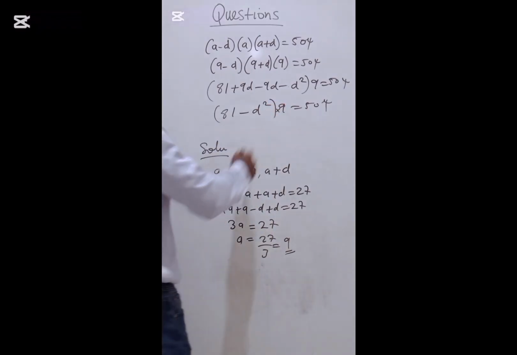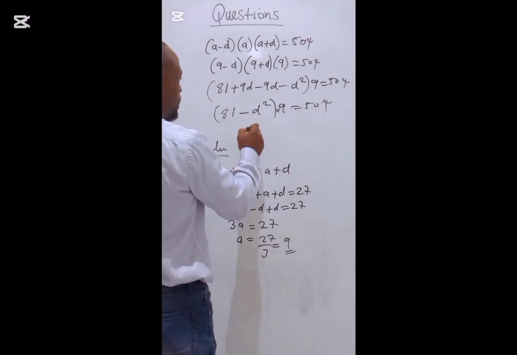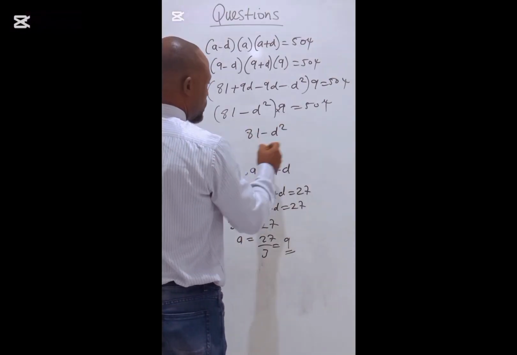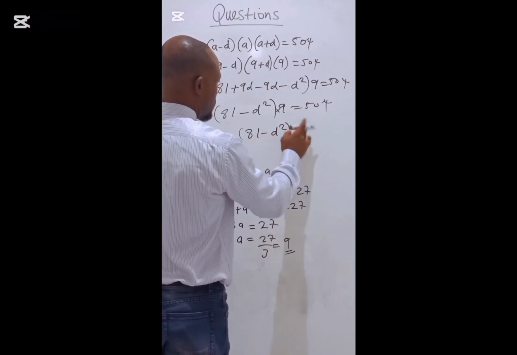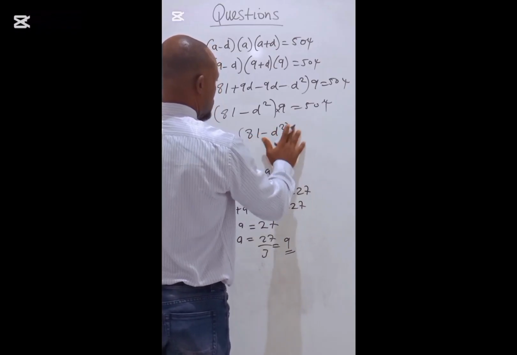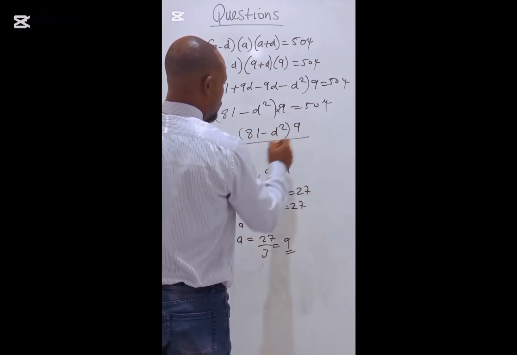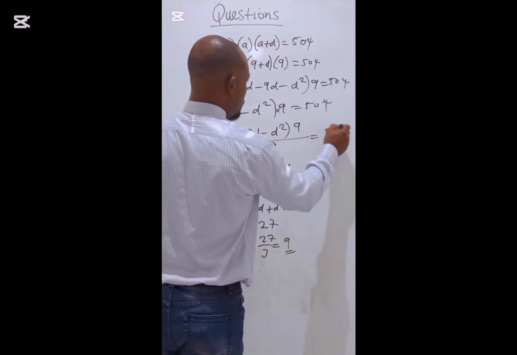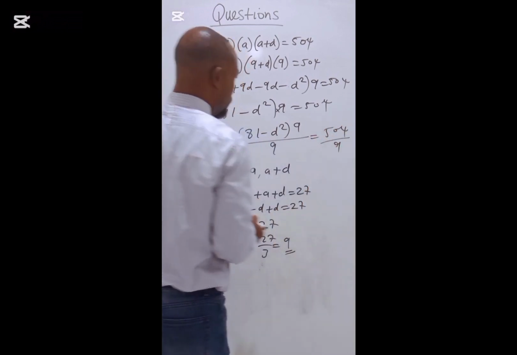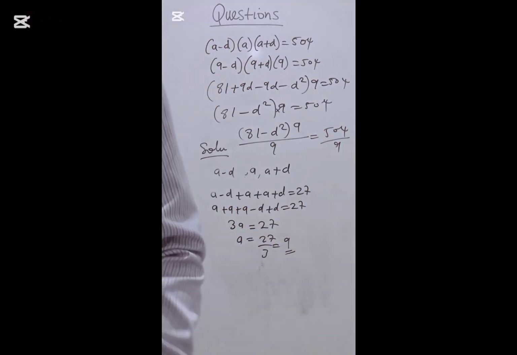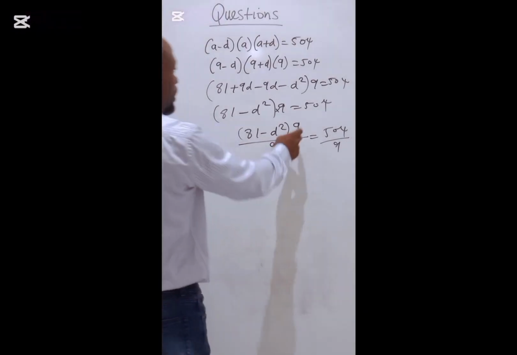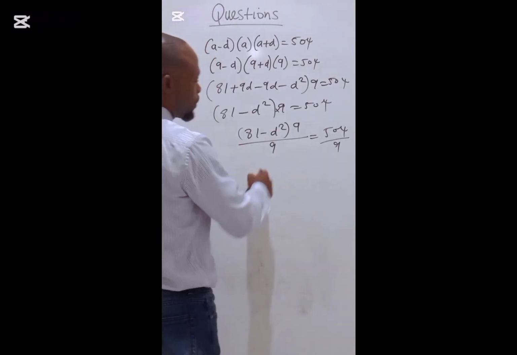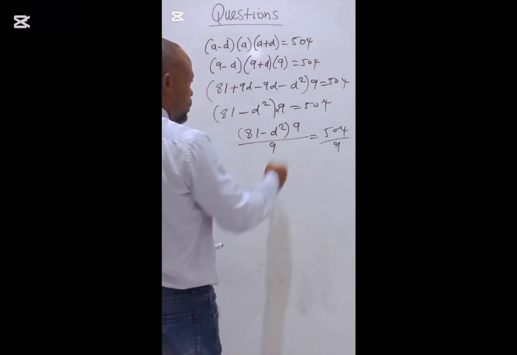So we can take away this 9 by doing something like this: 81 minus D squared multiplied by 9, all over 9, is equal to 504 all over 9. To cancel out this 9, we divide both sides of the equation by 9.